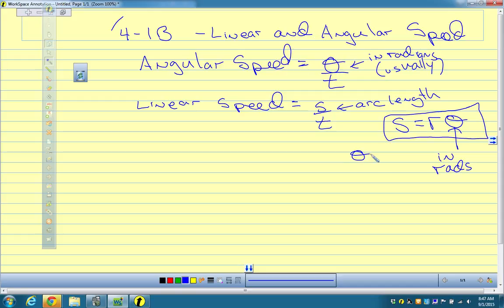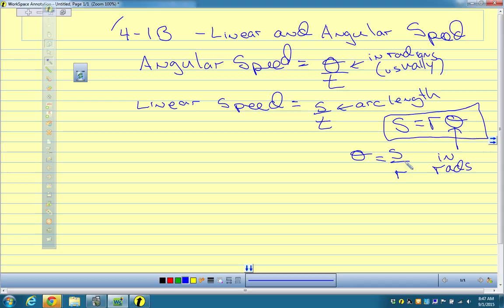That means that theta is equal to S divided by R. This was kind of your definition of what a radian is. So if S is 2 pi, and I have a radius of 1, then you're going to have a theta of 2 pi. Okay, meaning your angle is 2 pi all the way around.